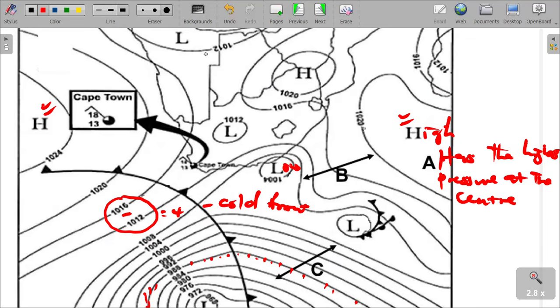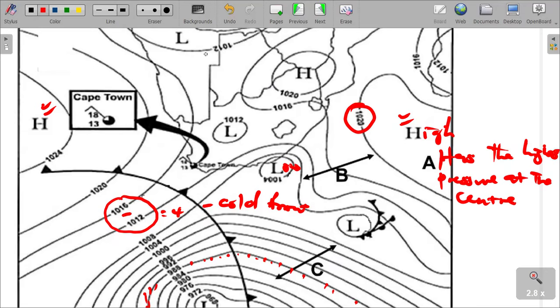As you can see, 1020 is the highest pressure we can find. From there, as we go outward, it goes 1020, 1016, and keeps going down.